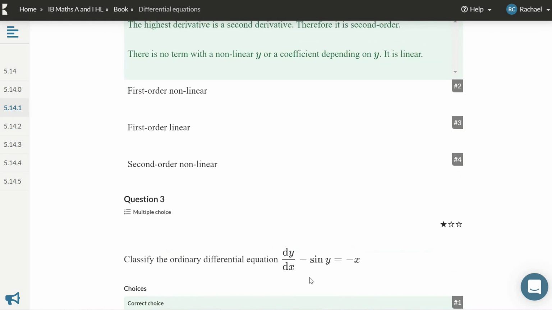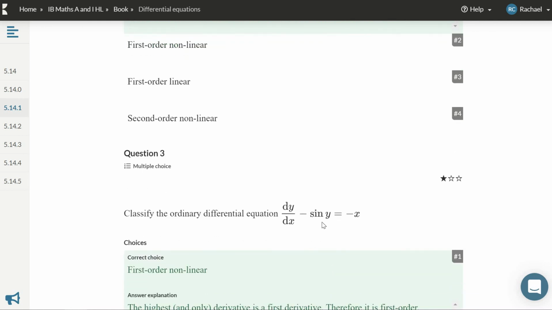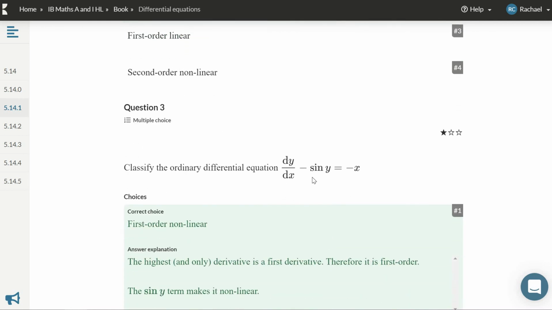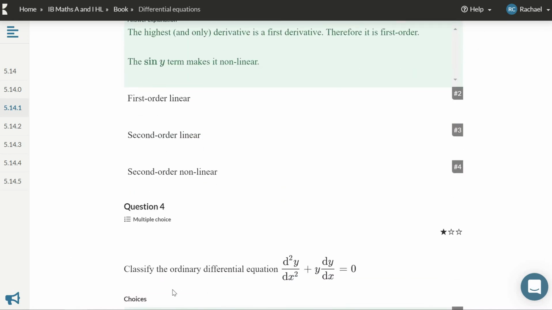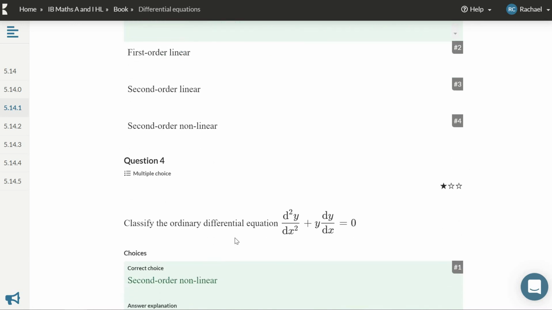Classify this one. This is going to be first order nonlinear, right? Because highest order is 1, and the sine makes it nonlinear. And then here, classify the ordinary differential equation. It's second order, and it's going to be nonlinear because the coefficient of the y is dependent on x.